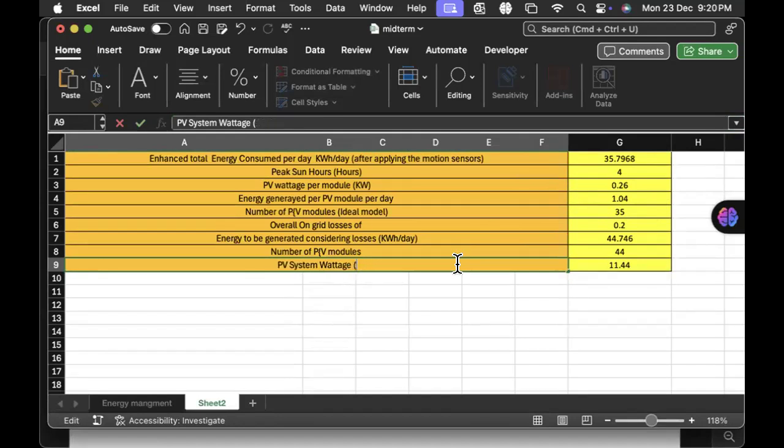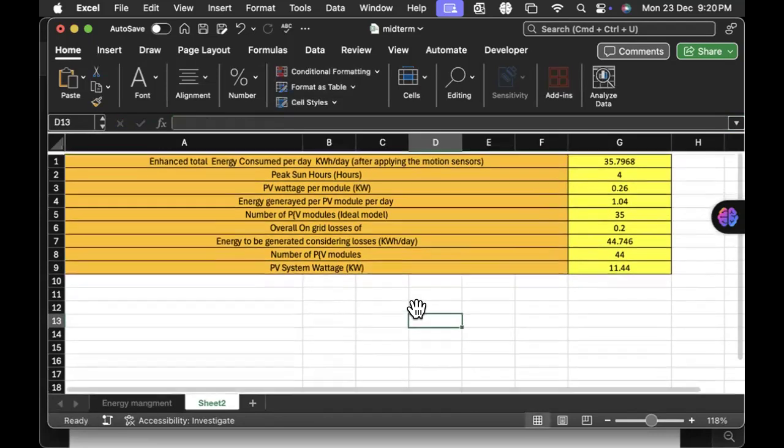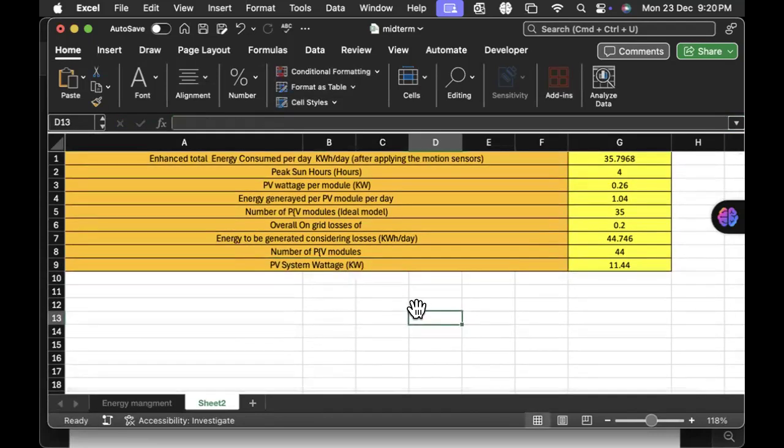I'm sorry, this is kilowatt. So this is the PV system in calculations. And now I think everything is ready to start our calculations.